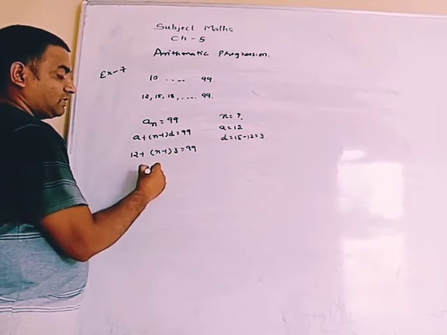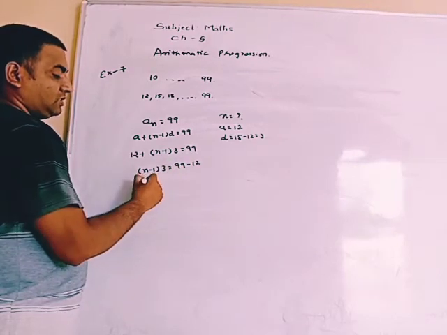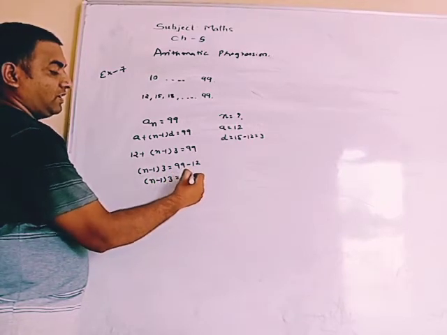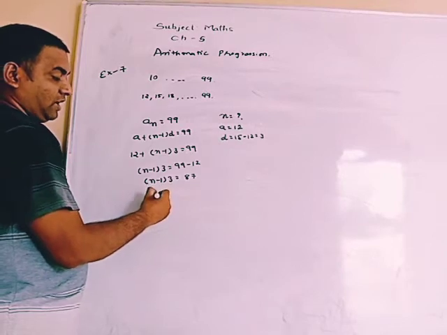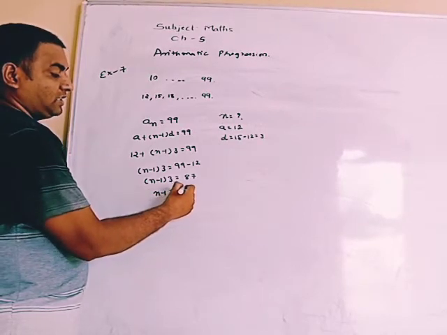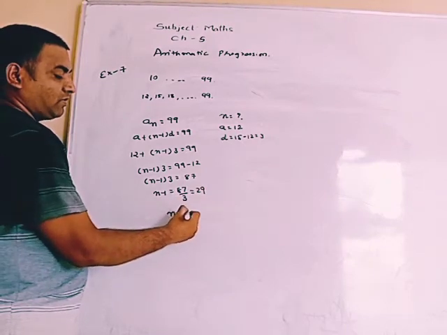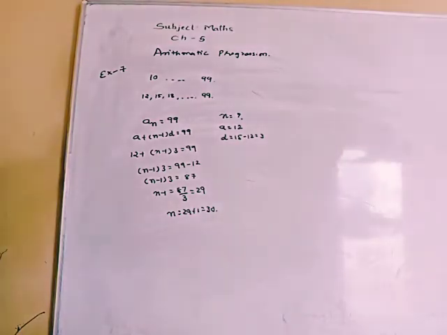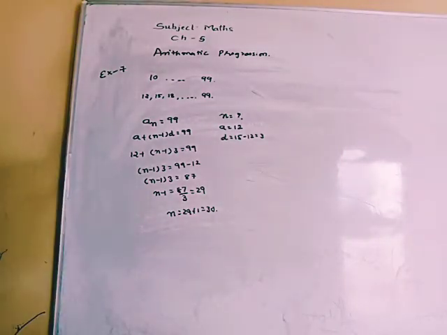So (n minus 1) into 3 equals 99 minus 12, which is 87. So n minus 1 equals 87 divided by 3, that is 29. So n equals 29 plus 1, which is 30. So there are 30 two-digit numbers divisible by 3.